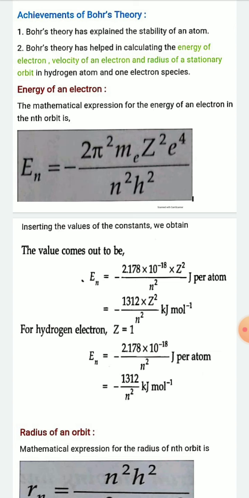You have to remember that z and n are not constant. That's why I am writing the z square and n square.